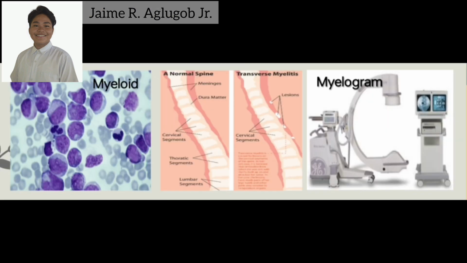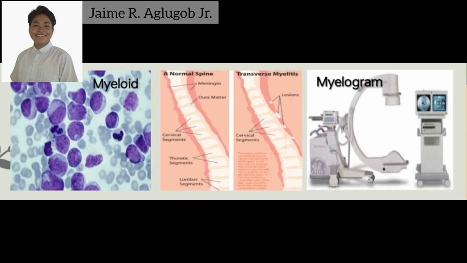Now guys, here in the first picture, it shows the myeloid cell under the microscope. So that is the illustration or image of our myeloid cell, guys, under the microscope. Next, in the second picture, there are two images. The image on the left side is a normal spine, while the right side is transverse myelitis, the spine that has inflammation.